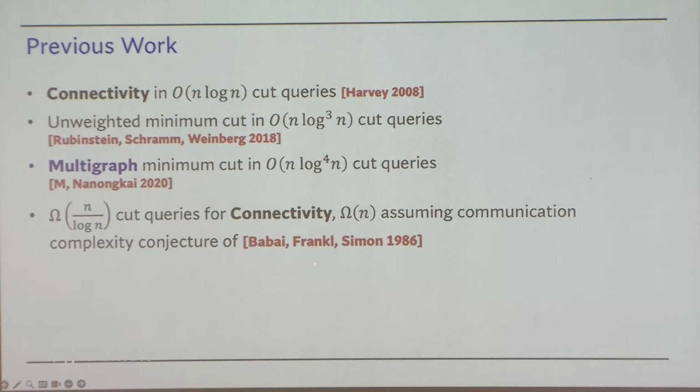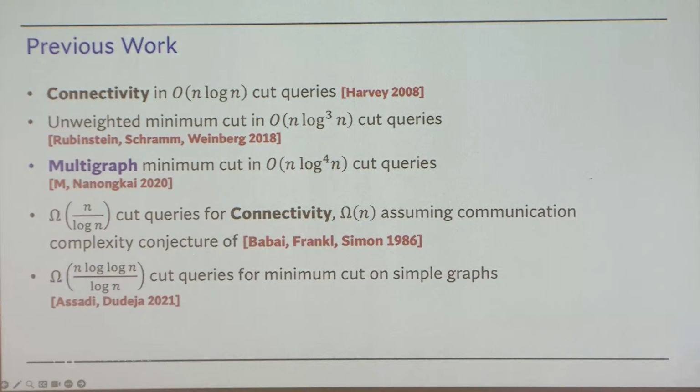From the lower bound side, we have n over log n, as I just mentioned, and Sefer has proved an n log n over log n lower bound for minimum cut over simple graphs, and that's where we are at.